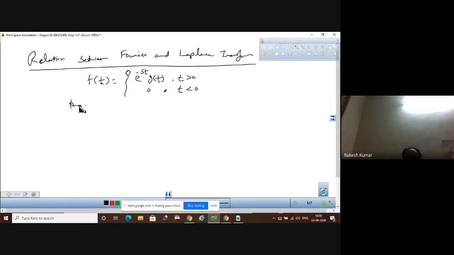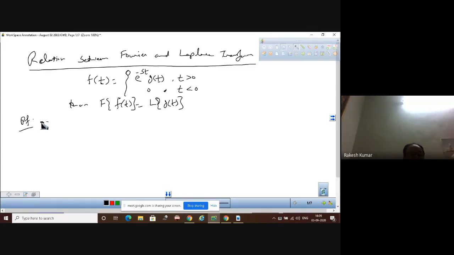Then the Fourier transform of f of t is always equal to the Laplace transform of g of t. So this is the relationship between Fourier transform and Laplace transform. Capital F stands for Fourier transform, capital L stands for Laplace transform.